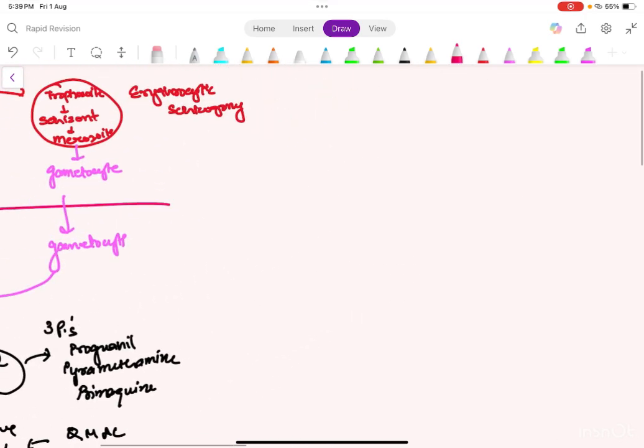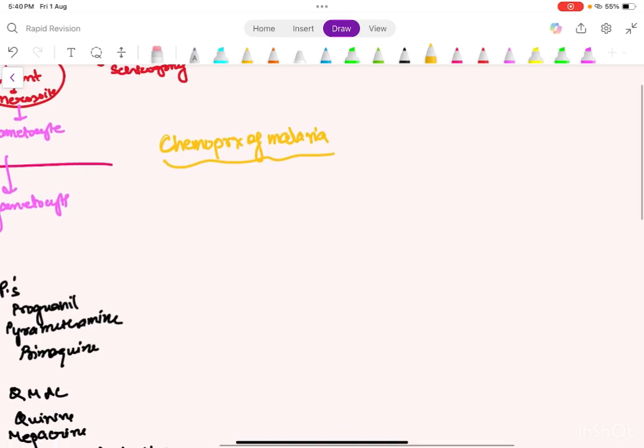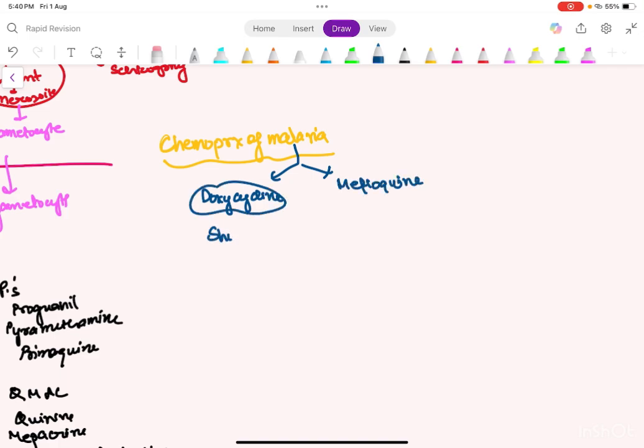I'll write it here. In chemoprophylaxis of malaria, you have to know that we can give two drugs: doxycycline and mefloquine. Doxycycline is for short term, less than 6 weeks, and mefloquine is for more than 6 weeks, so it's long term.